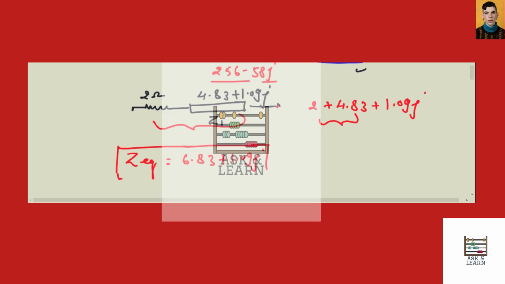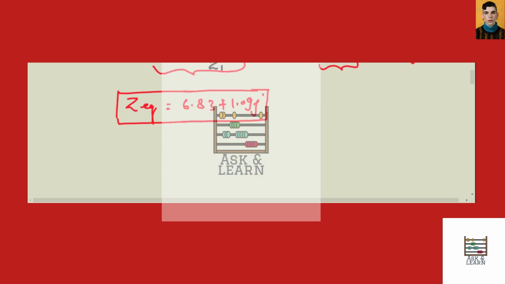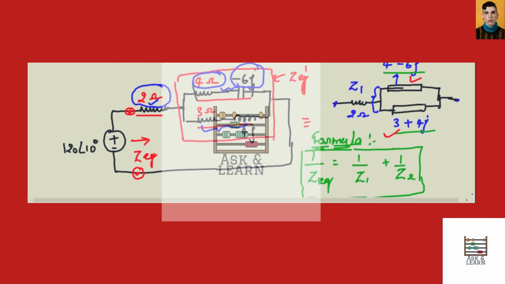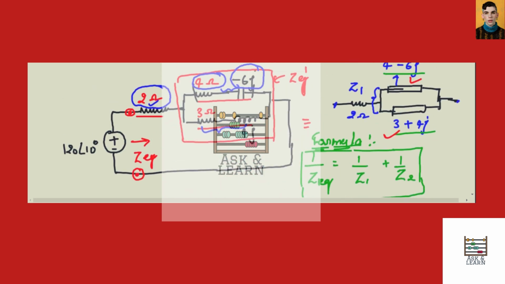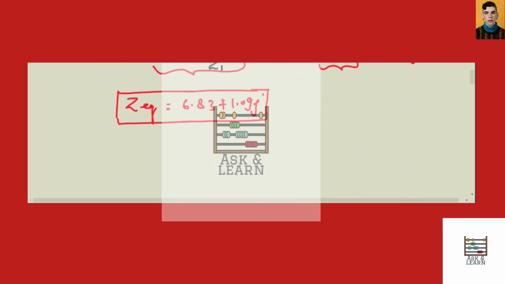And the next thing we have to find out is the current which is flowing in the circuit. Let's suppose this is our I, so we have to find the value of this I. Now I am going to solve the second part.